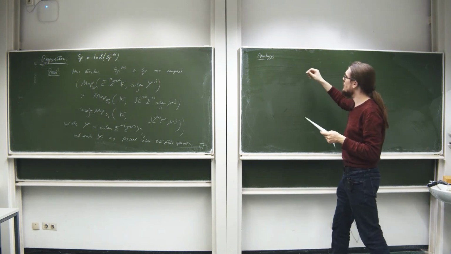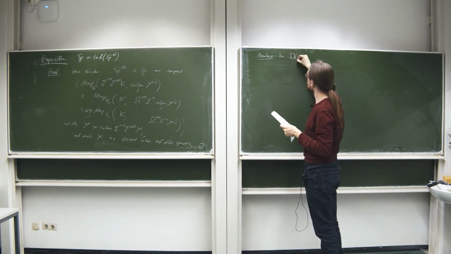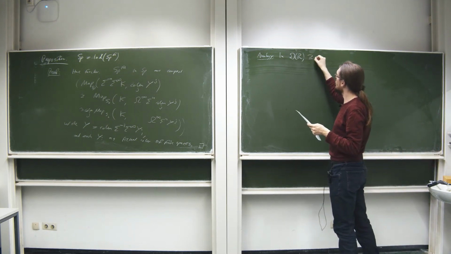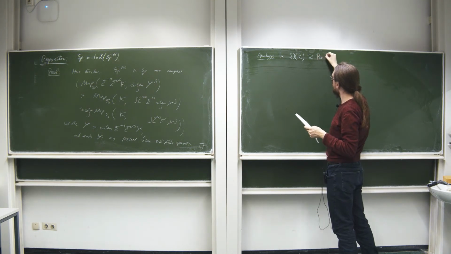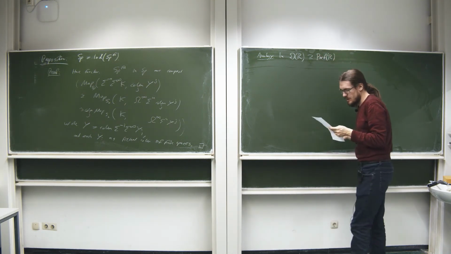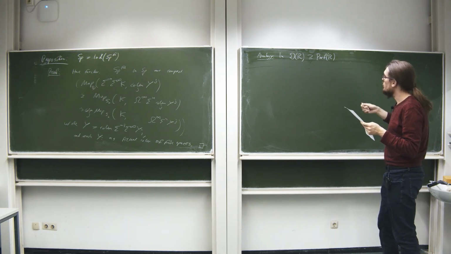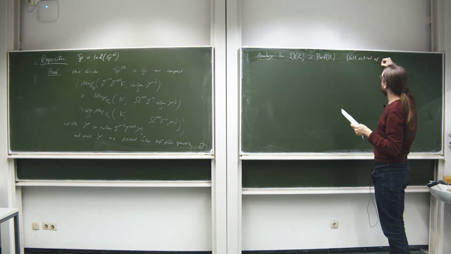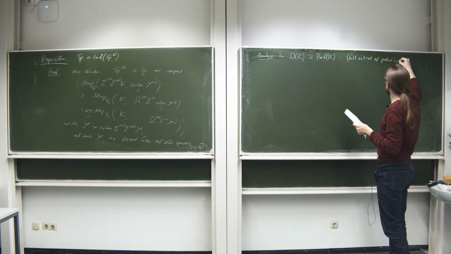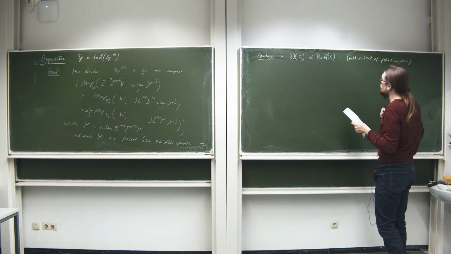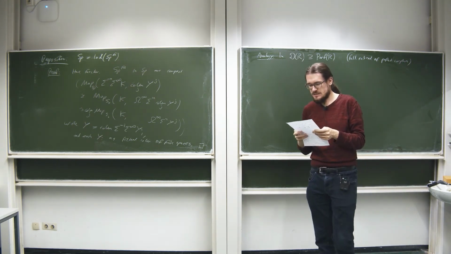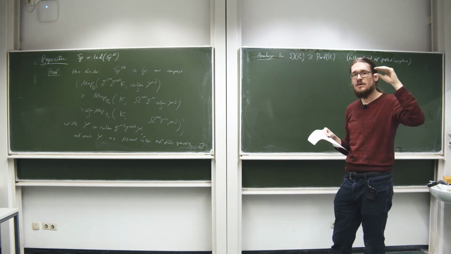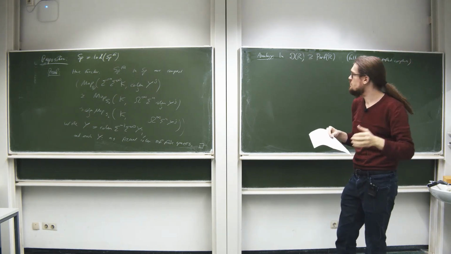Well, in the derived category of a ring R, we have the full subcategory Perf R. And Perf R is the full subcategory of perfect complexes, and perfect complexes are simply complexes which have a representative which consists of finitely many finitely generated projective R-modules.